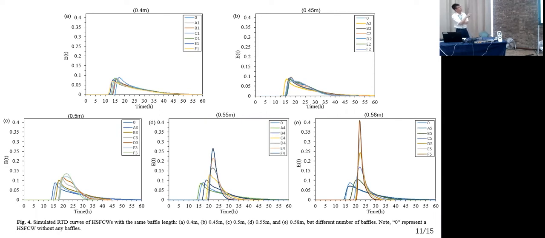But when the baffle length is 0.55 and 0.58, the RTD curves change a lot. It becomes taller and narrower, which means that it's closer to a more ideal plug flow condition.